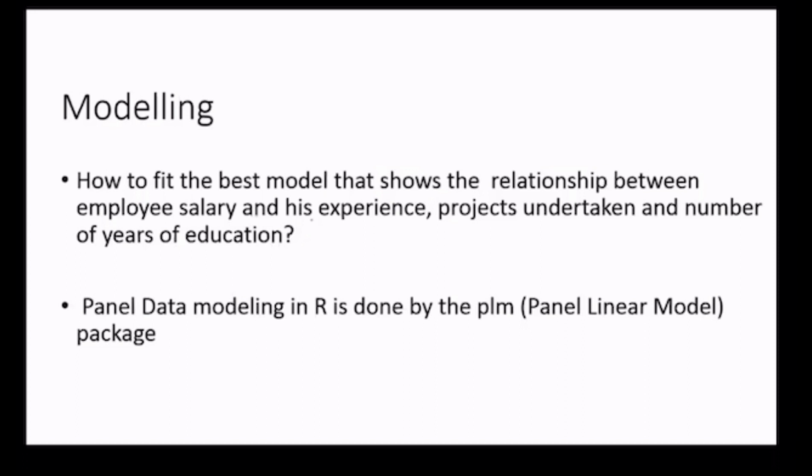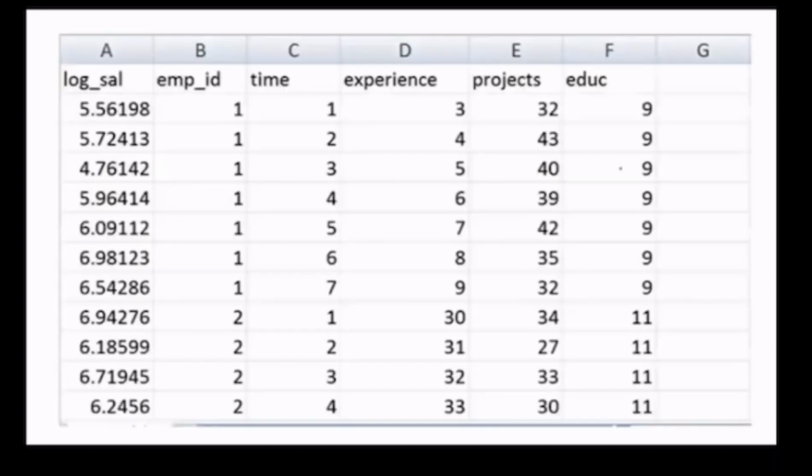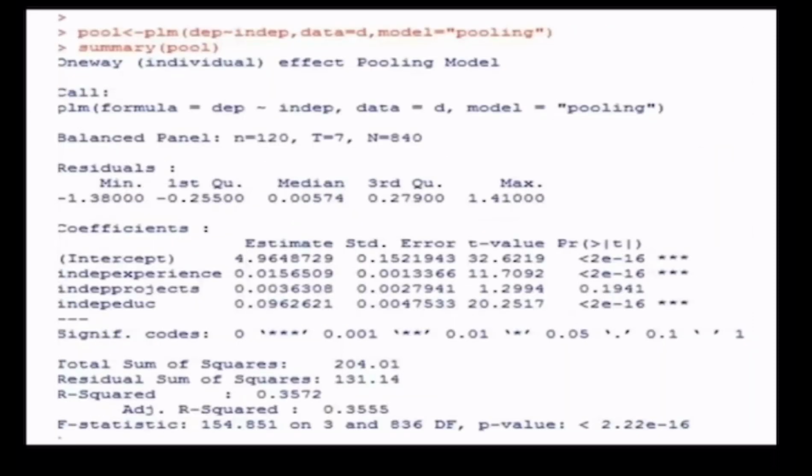In panel data, we're going to use a package called plm, panel linear model. This is the data set. I've got the log salary, employee ID, time, experience, project, and education. Can you see that? Now on this data set, let us apply OLS.